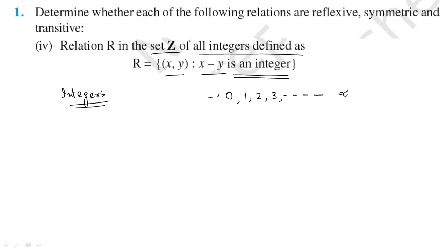Similarly, negative values are also there: -1, -2, -3, -4 and all the negative values, from minus infinity to infinity. All the values are there, but decimal values are not there. These are known as integers.